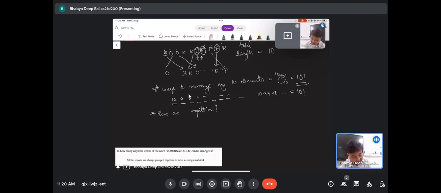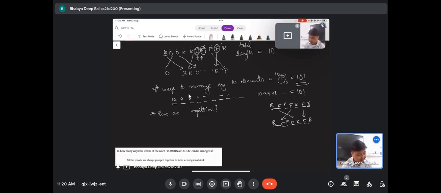So if I have three E's here, and they have some letters in between, if I rearrange them this way, okay, with the same letters, let's say R P K B, R P K B, then they mean the same thing for me.